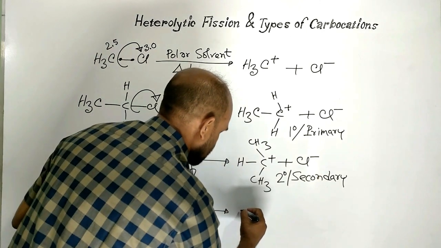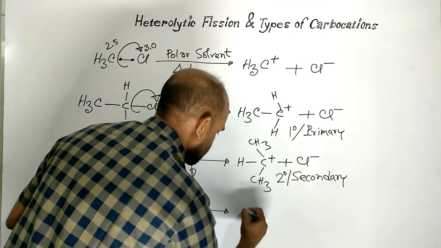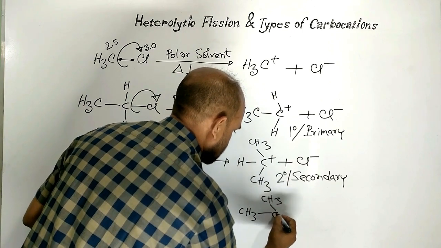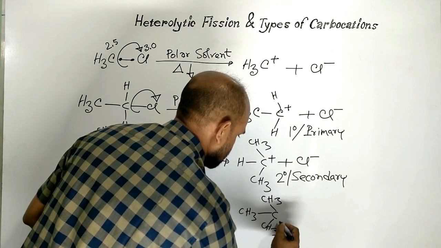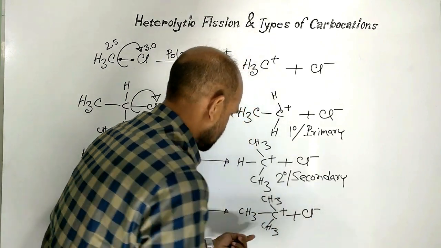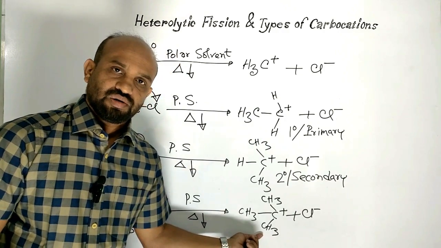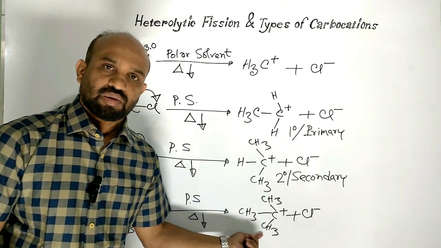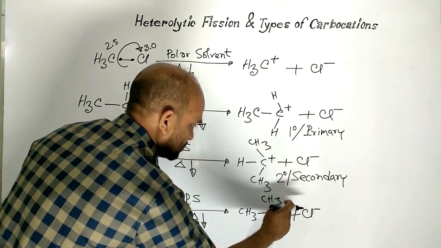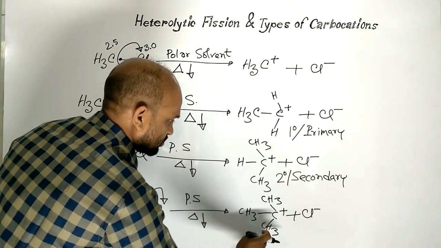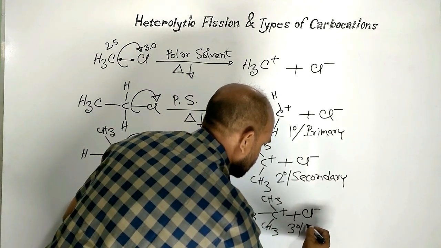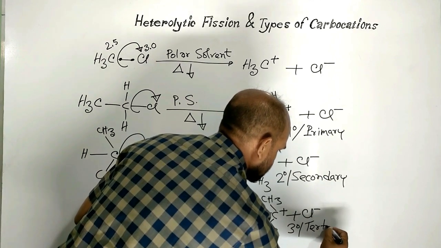As a result, these ions are formed: carbocation and chloride ion. This carbocation is called tertiary butyl carbocation, in which carbon with positive charge is attached to 3 carbon atoms. That is why it's a kind of 3-degree carbocation or tertiary carbocation.